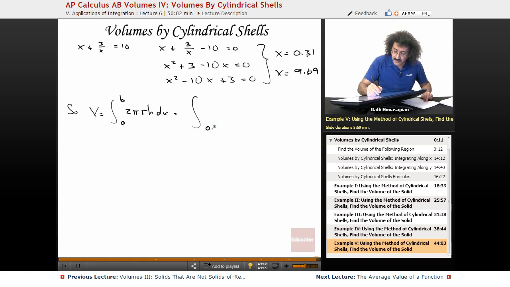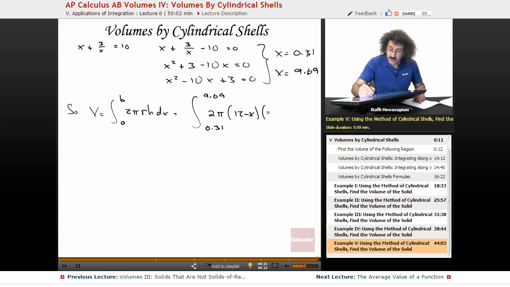The integral from 0.31 to 9.69 of 2 pi, my radius, we said, was 12 minus x, and our height was 10 minus x minus 3 over x, and we're integrating along dx.